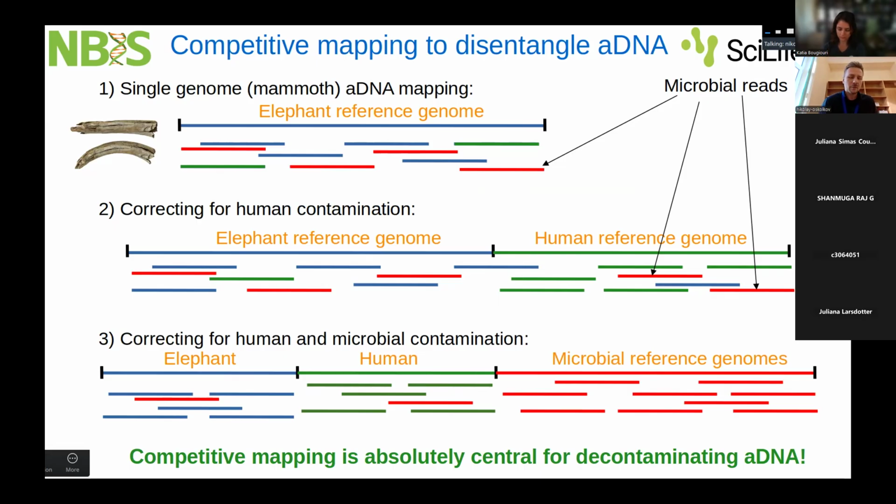People coming from a population genomics background rarely do it in this complicated way. My personal experience, maybe I'm wrong, is that people who work with mammoth tusk usually align their reads to just elephant, and maybe elephant plus human, but not really elephant plus human plus microbial. That's a little bit too much.